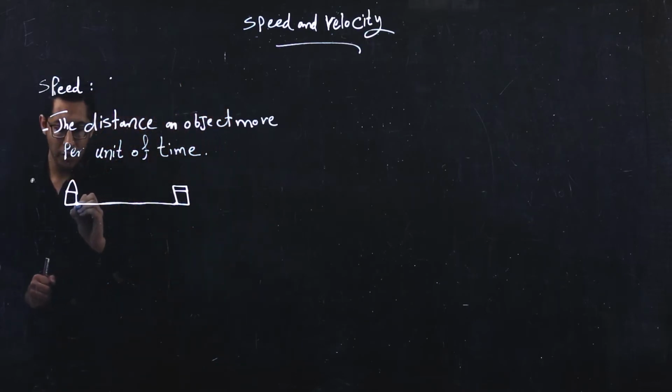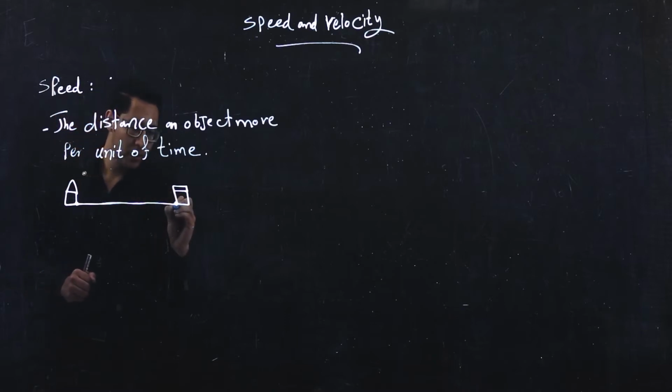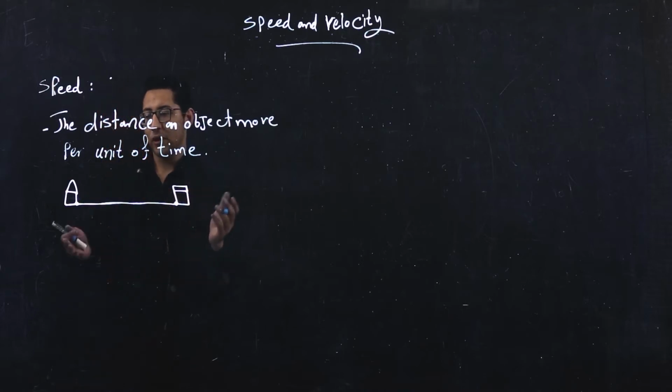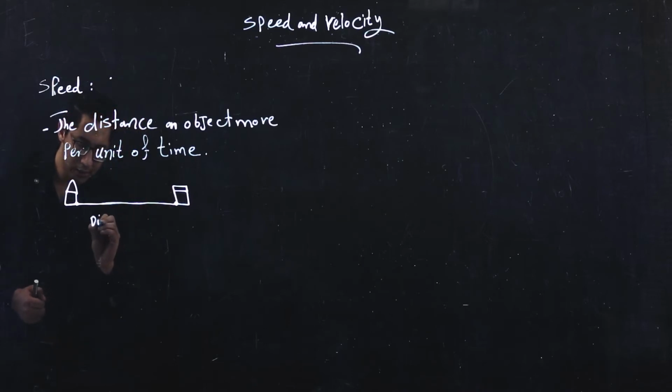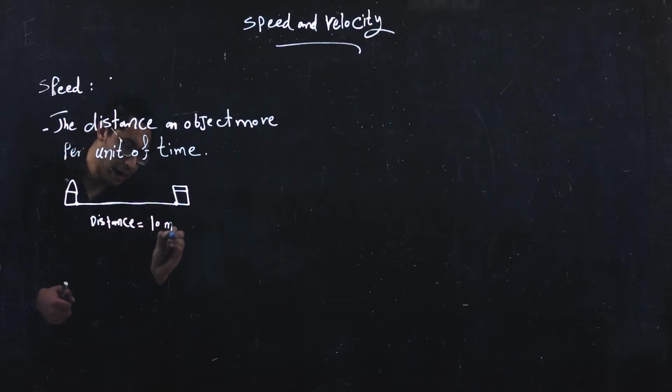If we take this point and this point, the length of the path between these 2 points is called distance. If I tell you that the distance from your home to the supermarket equals 10 meters, so distance here equals 10 meters. And meter is a measurement unit of distance.